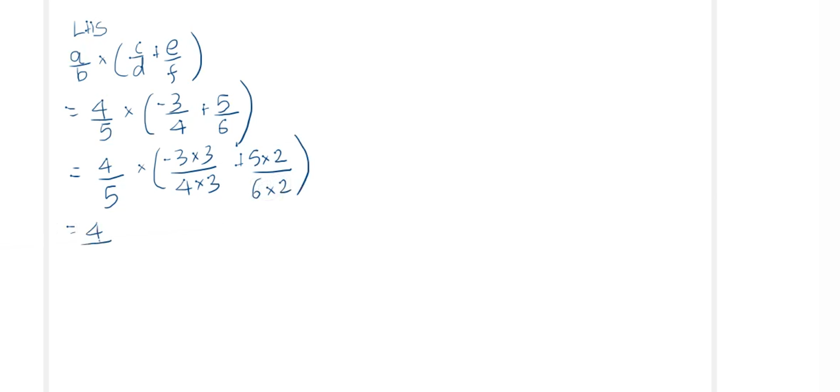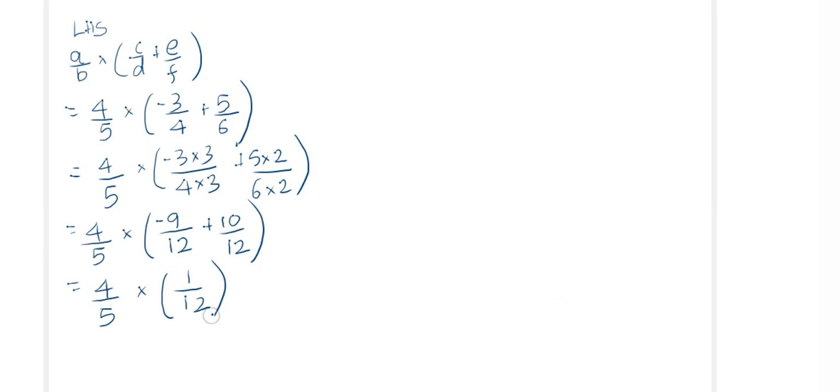So it is 4 by 5 into (minus 9 by 12 plus 10 by 12). Okay, so minus 9 plus 10 is 1, right? So 1 by 12. Okay, so here it is 4 into 1 by 5 into 12. So it is 4 by 60.